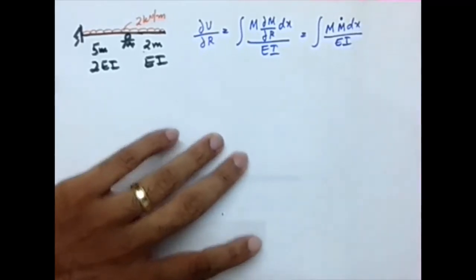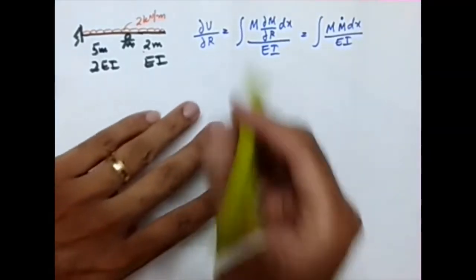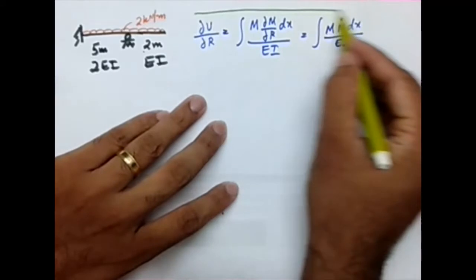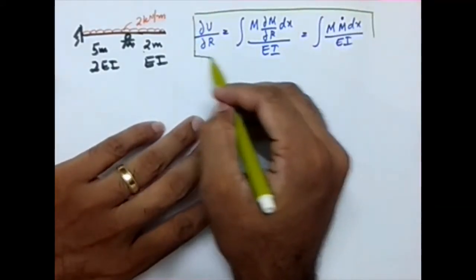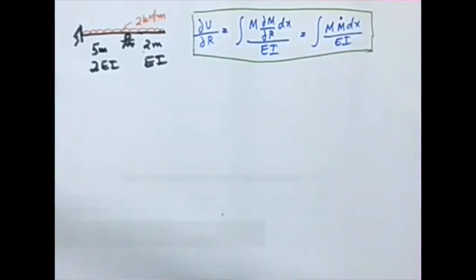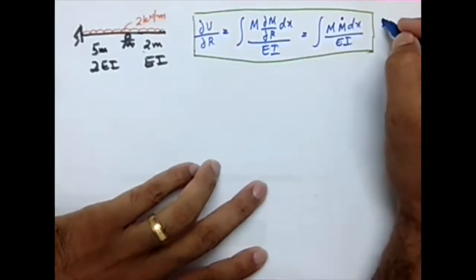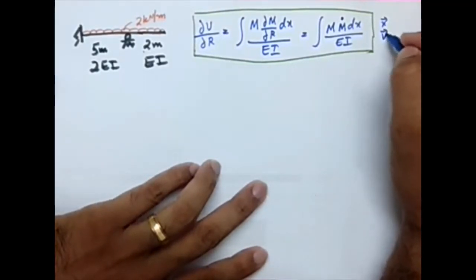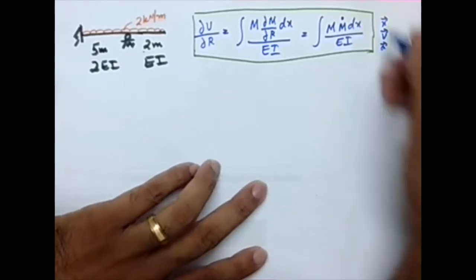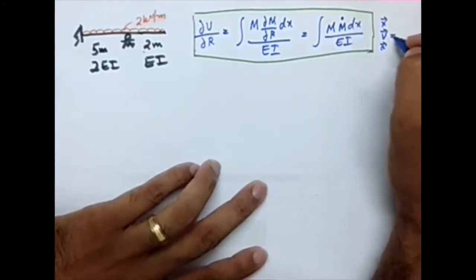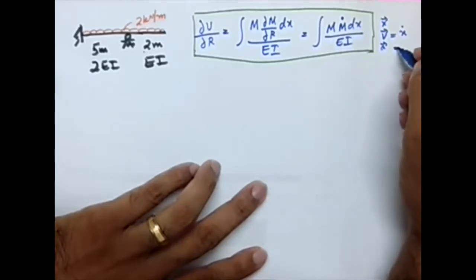This is also another representation for the same equation that we have seen, where M dot represents the first differential. You might be familiar with this concept. When we are talking about displacement, velocity, and acceleration, we use the same concept. We call it x dot, and acceleration we normally call x double dot.